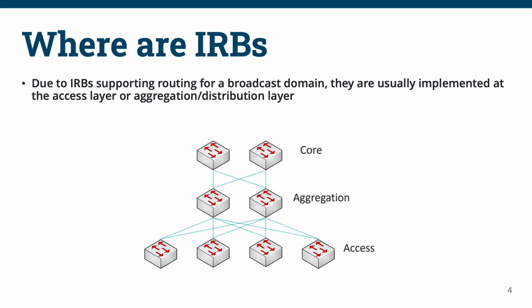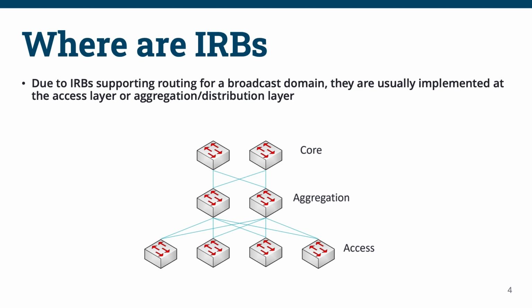In a routed access design, the links between the access layer switches and aggregation layer switches are layer 3 routed links. This means that we would not see any VLAN tag traffic here, as VLANs would not be necessary to segregate traffic.